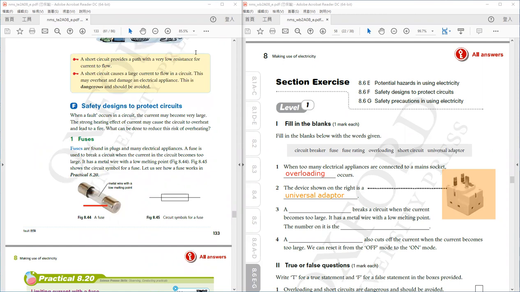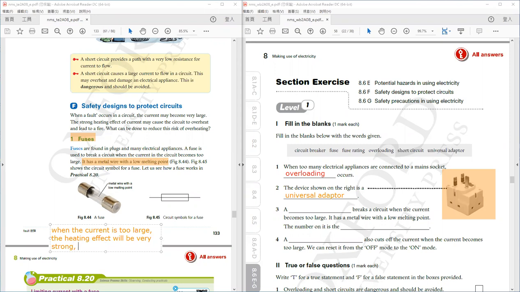There are some safety designs to protect the circuit. For example, this is a fuse. What is a fuse? Usually, there is a metal wire with low melting point. When the current is too large, the heating effect will be very strong.